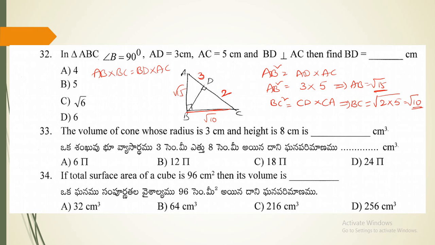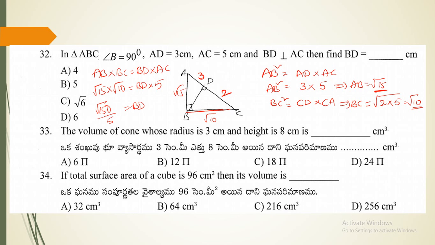On substituting those values, root 15 into root 10 is equal to BD, which is the thing we need to find, into 3 plus 2, which is 5. Next, this becomes root 150 by 5 is equal to BD.